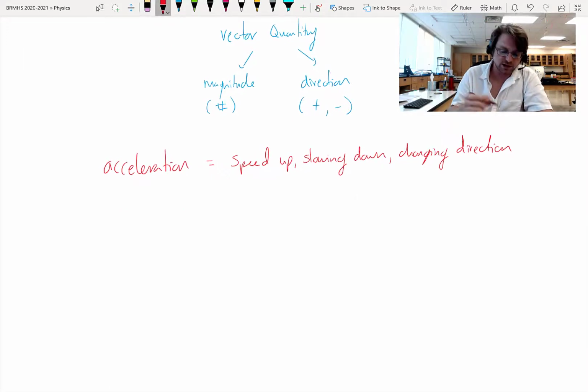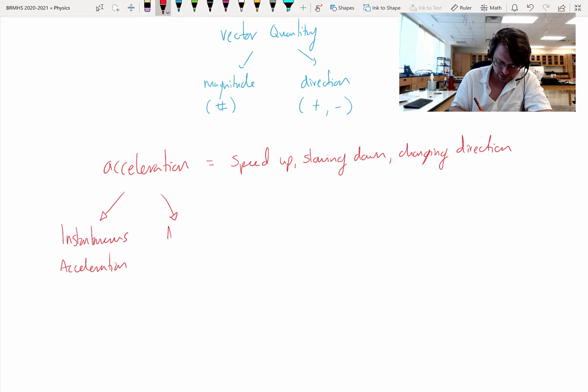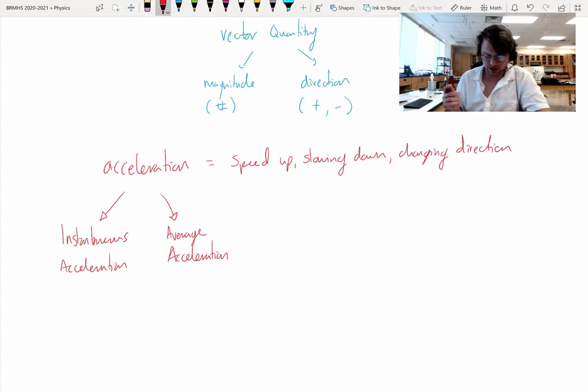Like velocity, we have two types of acceleration we could talk about. Instantaneous, that would be in an instant, at a certain moment in time. What is the acceleration? Or you could talk about average acceleration over a period of time, just like we said with instantaneous and average velocity.